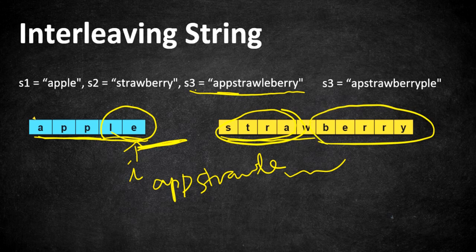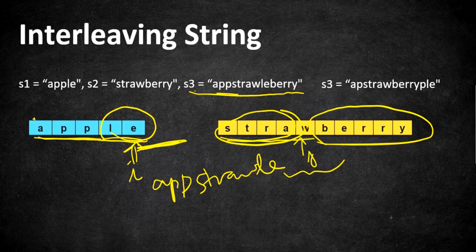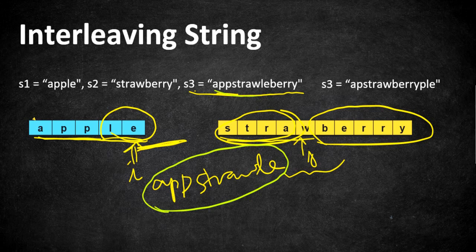So if we have reached I at the end of one string and J somewhere in the middle of string 2, we are going to compare whether the constructed string is the first half of our S3 and what is left behind in S3 matches the rest of our string S2. If this is matching, then we are going to simply return true.